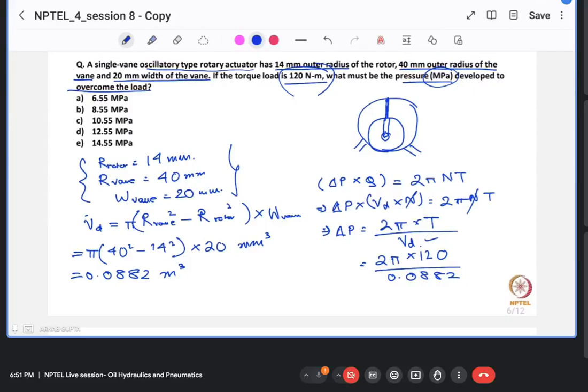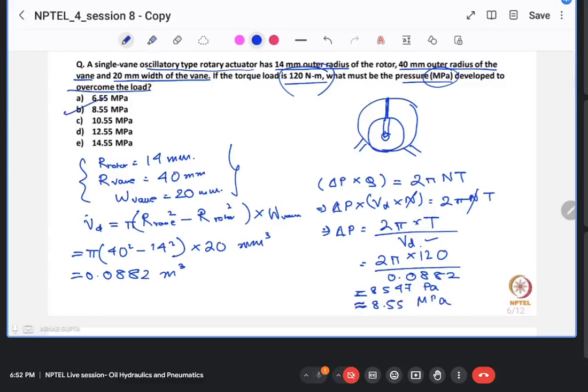So what I am getting is 8547 Pascal. In the question it is asked in megapascal, so 8.55 megapascal is the nearest answer.